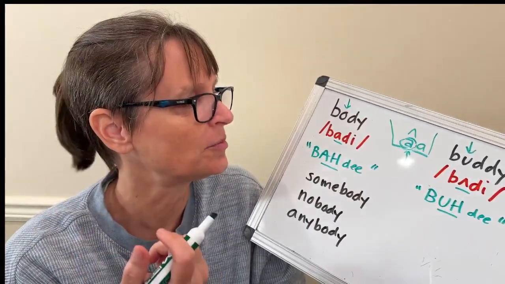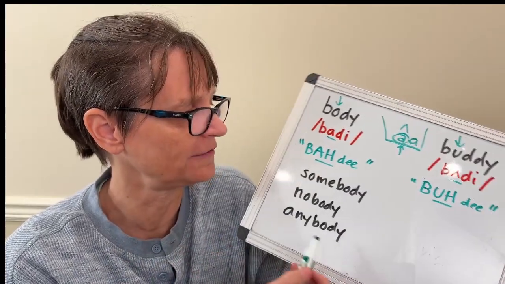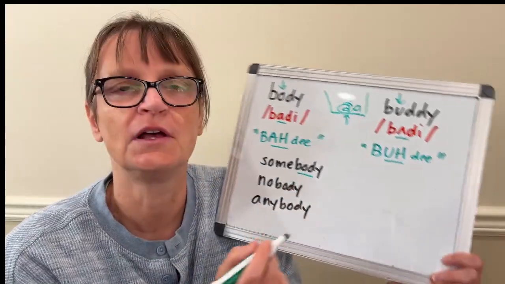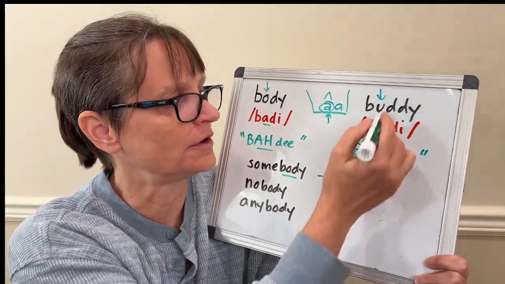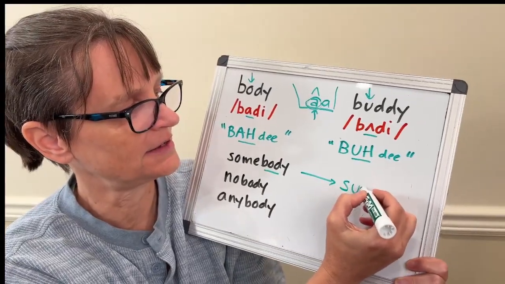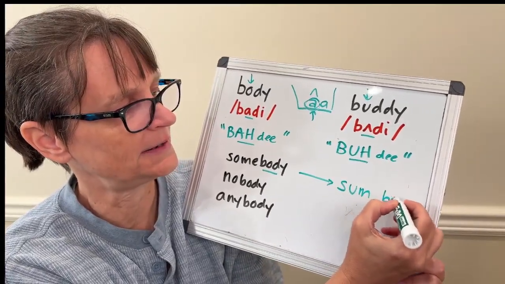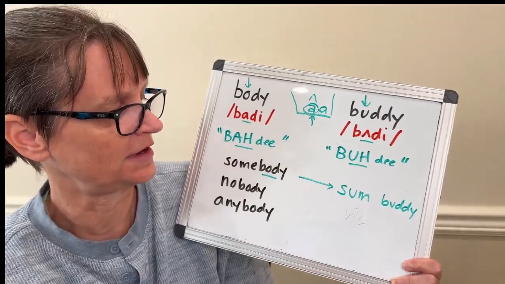But I also want to point out that unfortunately, we have several common everyday words that are spelled like the word body, but are pronounced like the word buddy. So somebody sounds like somebody. So we have our same buddy sound as in above.